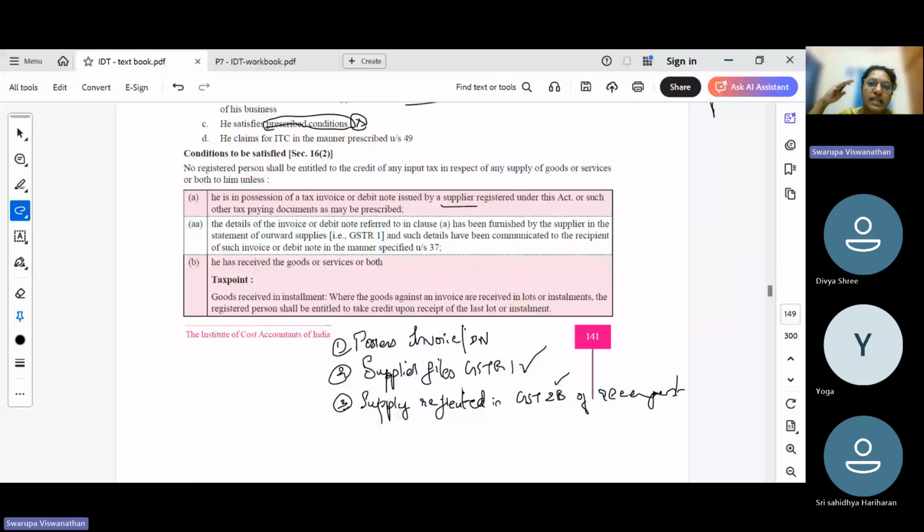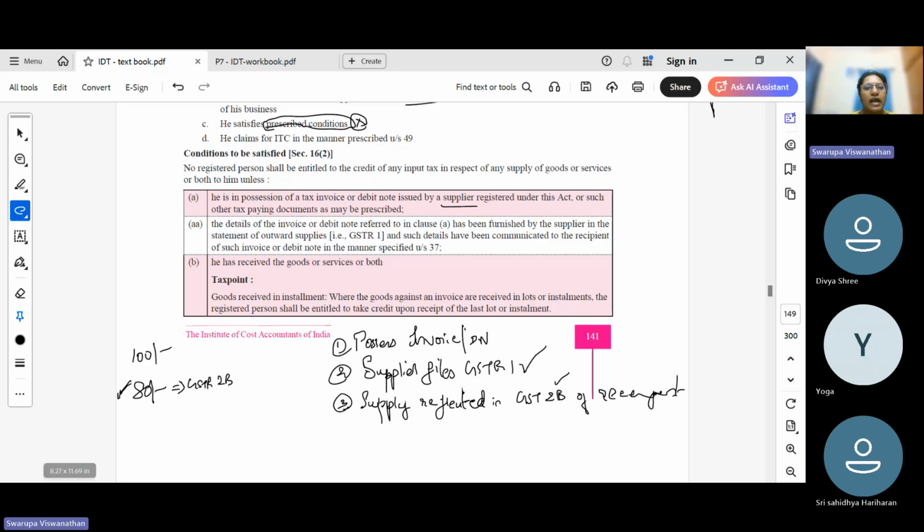The credit is limited. So if I have made certain purchases for about 100 rupees, but only 80 rupees is there in my GSTR 2B, that is, the person from whom I purchased the goods filed the return and mentioned that the price is 80 rupees, and accordingly GST on 80 rupees is calculated.